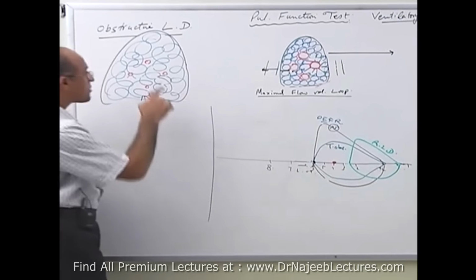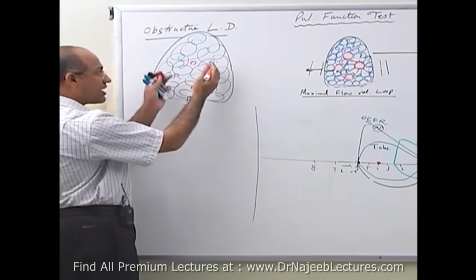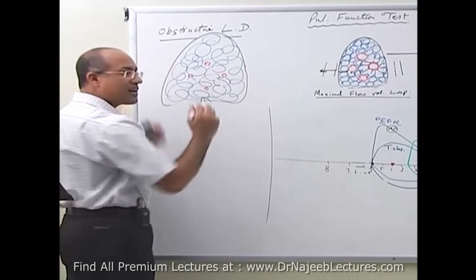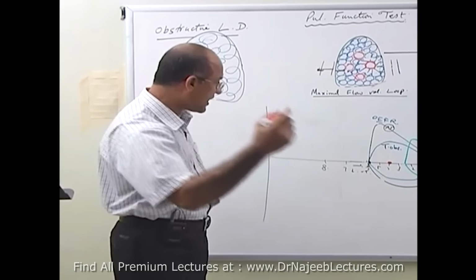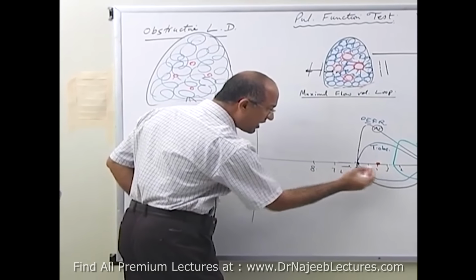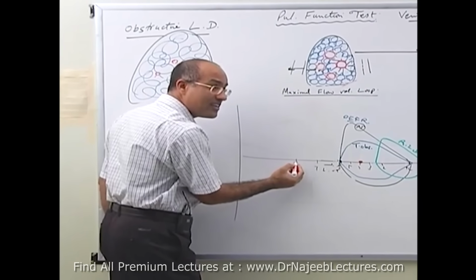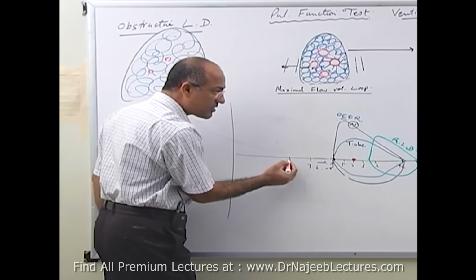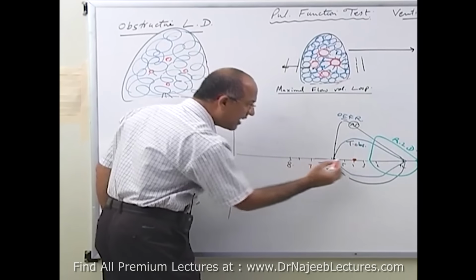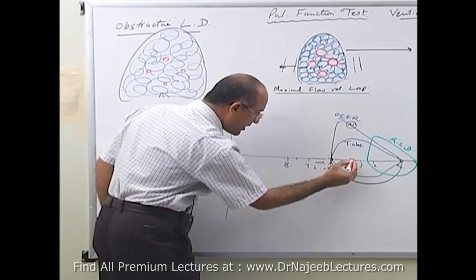Now, from 4 liters of residual volume, when inspiration starts, again during inspiration the problem is less, because airways are open. The real problem will occur during expiration. From 4 liters it has to achieve a very high total lung capacity, maybe 8 or 7.5. Or let's take it to 8.